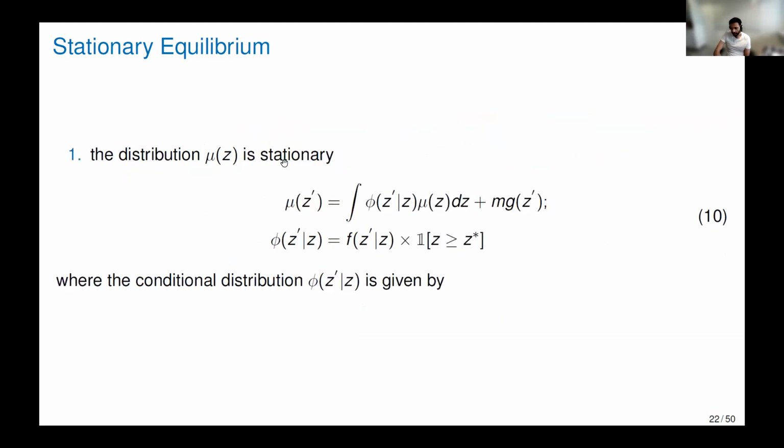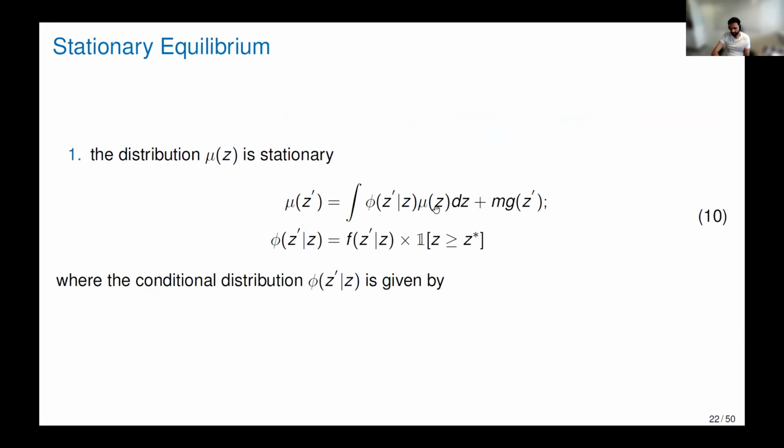So the entrants will replace the exiters. How do we pin down this distribution? That's one of the most important objects of this model. At any period t plus 1, denoted here by z dash, the distribution is going to be a combination of the distribution of firms in time period t times the probability of survival.